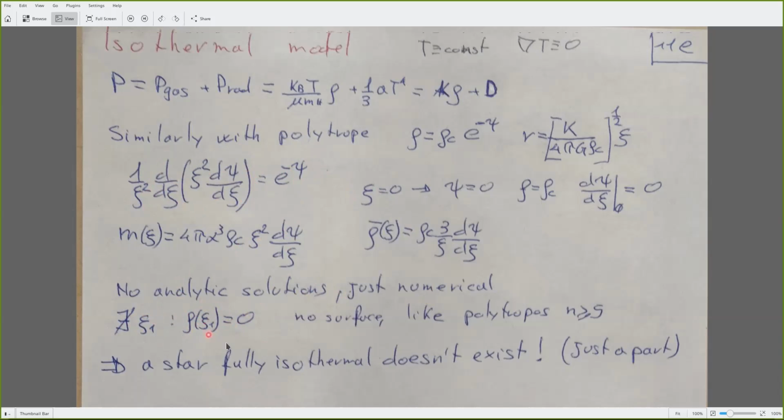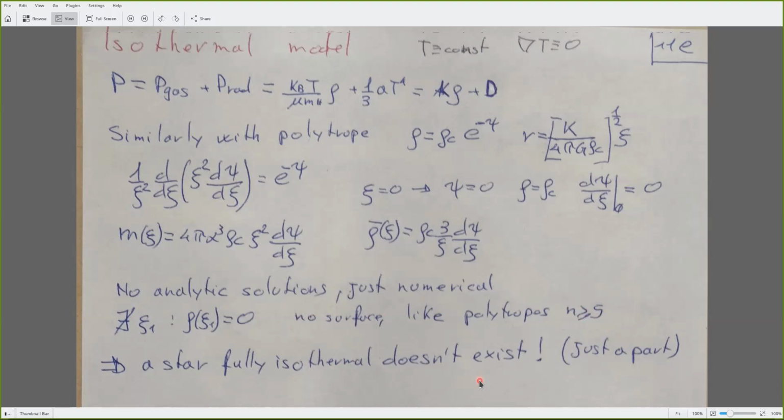The density is never equal to 0. No surface, like the polytrope with n of 5 or more. That means that a star cannot be fully isothermal. But part of the star, yes.